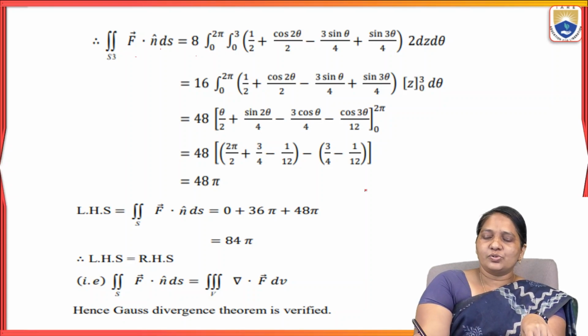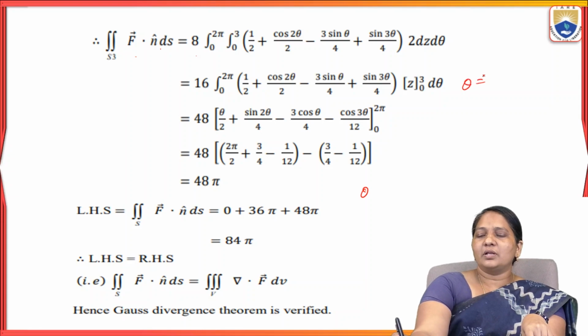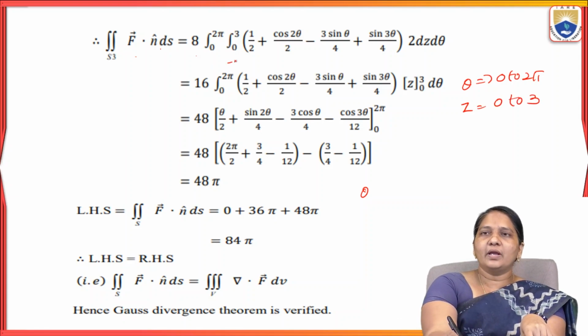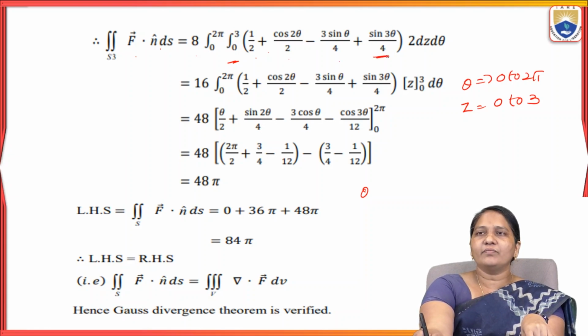So 8, theta limits are from 0 to 2 pi and z limits are 0 to 3. So we are replacing here the values, f bar dot n value: 1 by 2 plus cos 2 theta by 2 minus 3 sin theta by 4 plus sin 3 theta by 4, dz d theta.